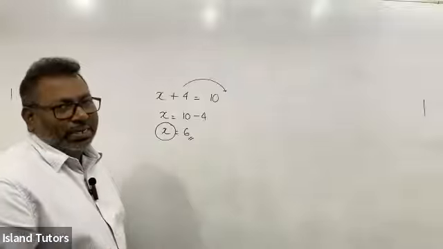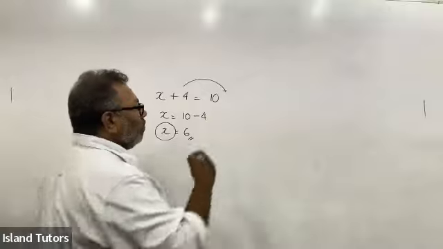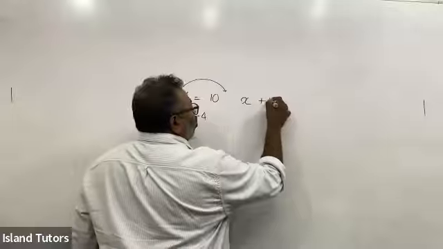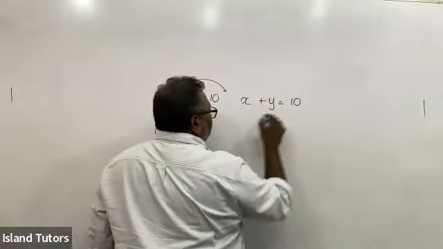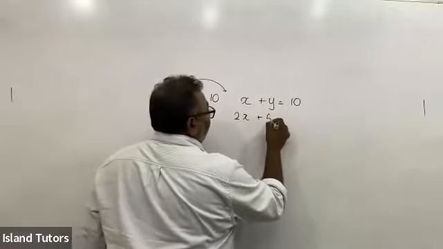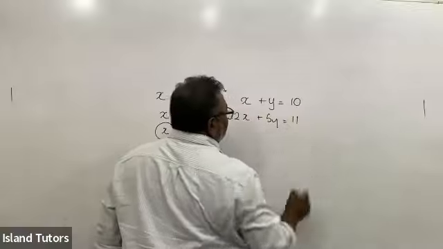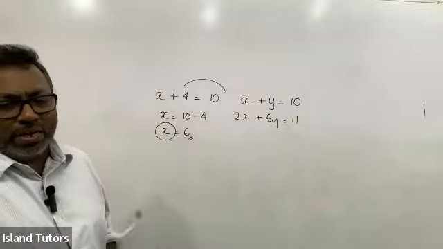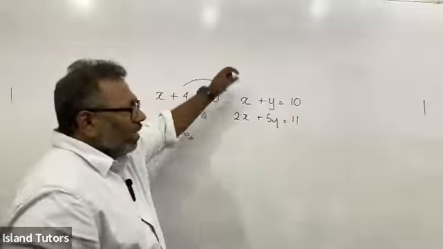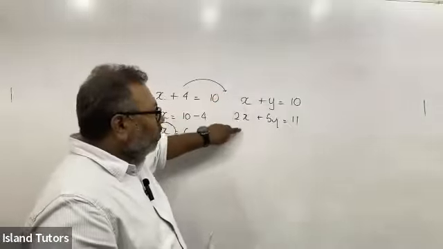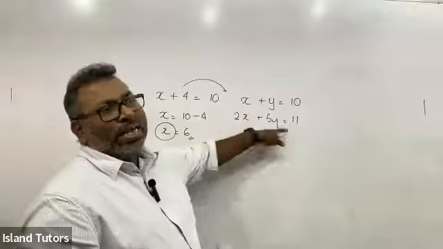But in a simultaneous equation, we have to find the values of two unknowns. Let's say 2x plus 5y is equal to 11. So you have two equations. We need to use two equations to find out the values of x and y.